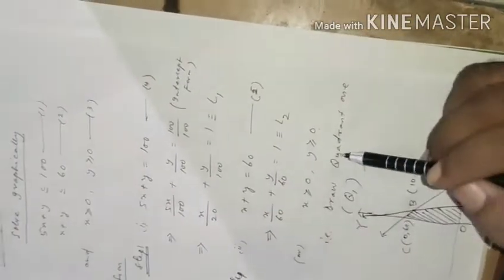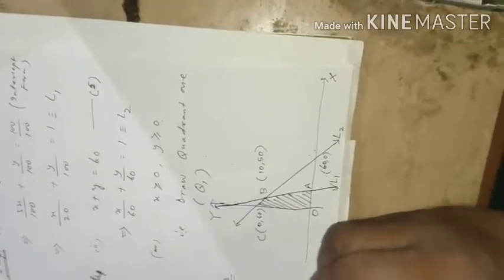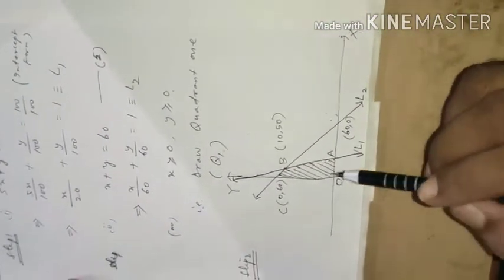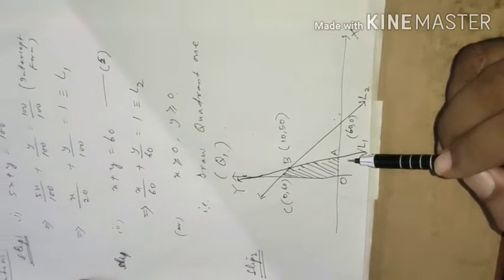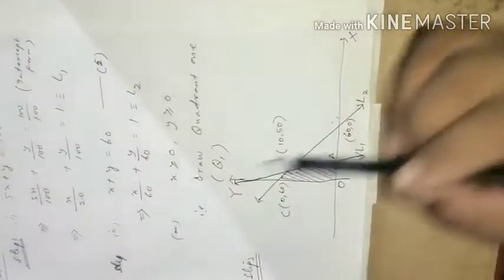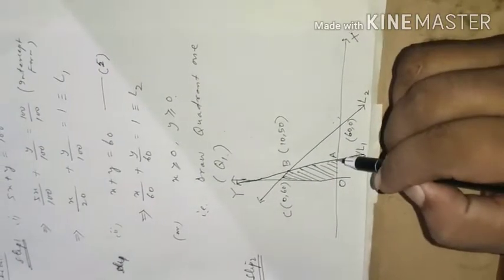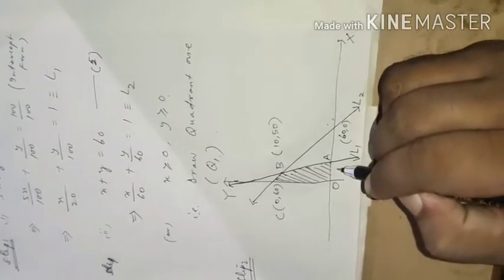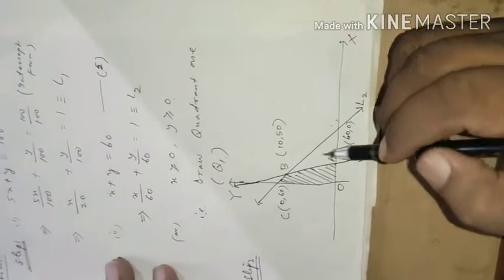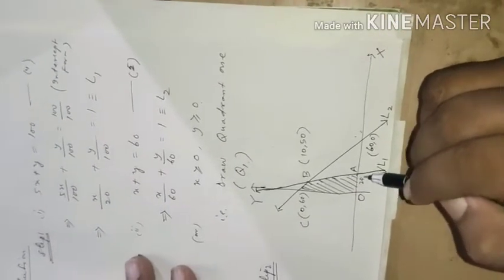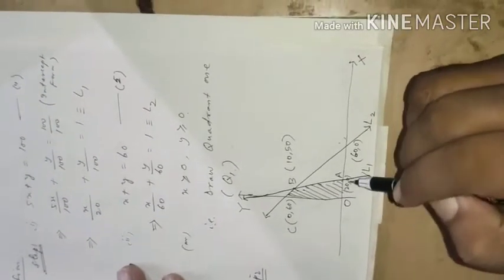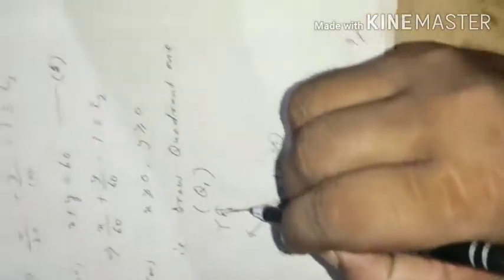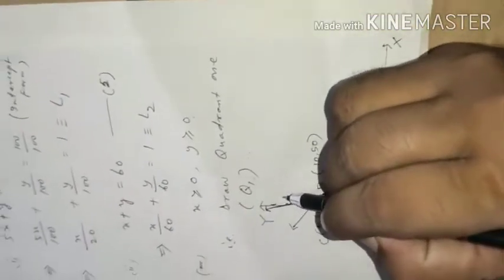So there are three conditions. In step 2, you have to draw the graph. Clearly you have to see it. The first one is line L1, with the x intercept point (20, 0) and the y intercept point (0, 100).